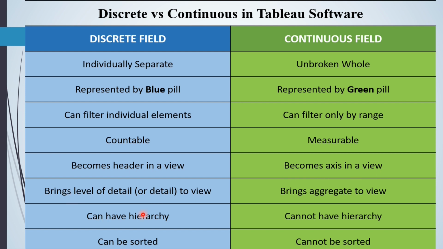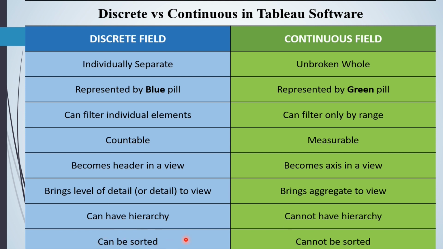Discrete fields bring level of detail to the view, and continuous fields bring aggregates to the view. Discrete fields can have hierarchy, continuous fields cannot have hierarchy.